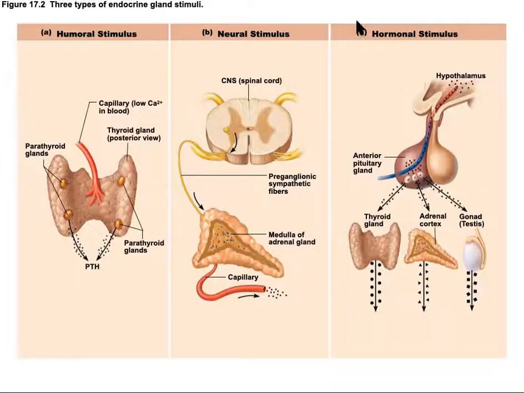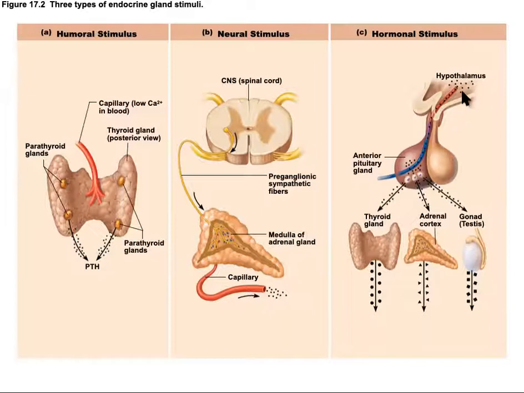The third type of stimulus for hormone release is a hormonal one. This is an interesting concept because we have a hormone triggering the release of another hormone. This is often seen as an interaction between the hypothalamus and anterior pituitary, along with other endocrine glands.